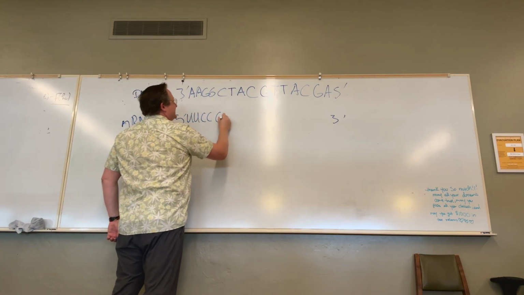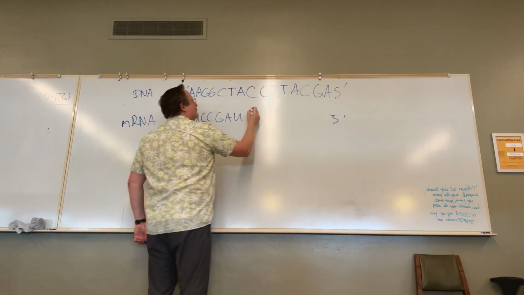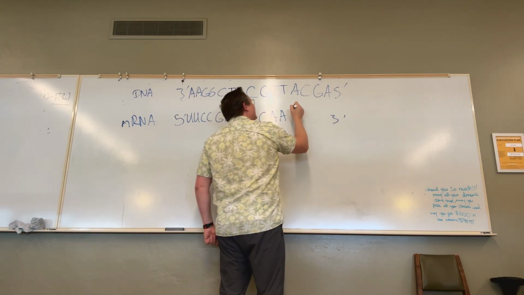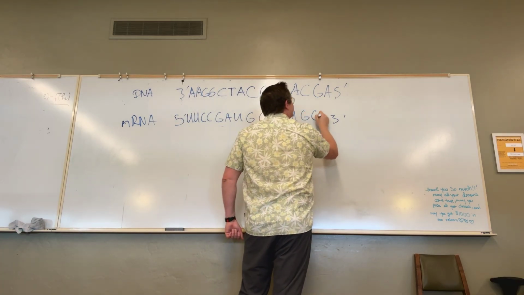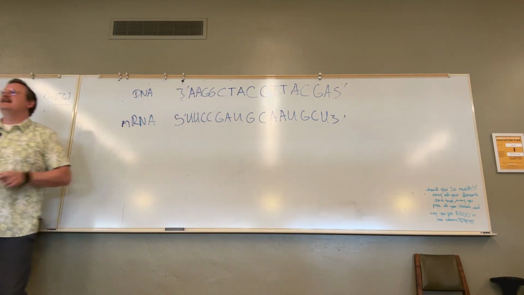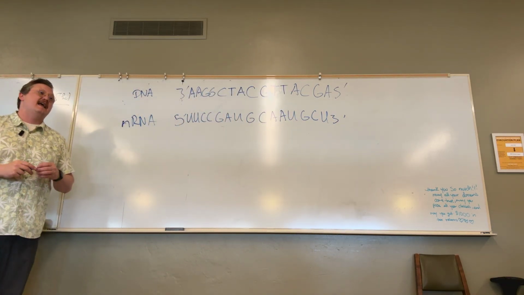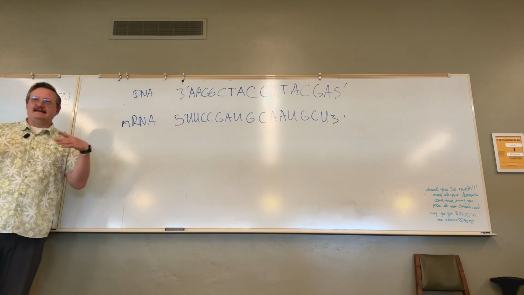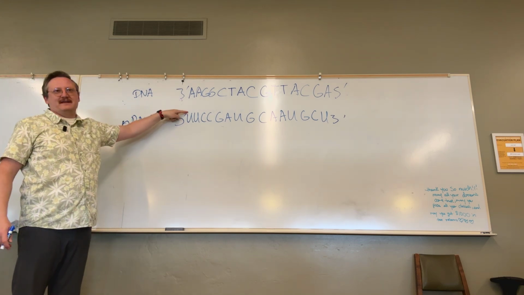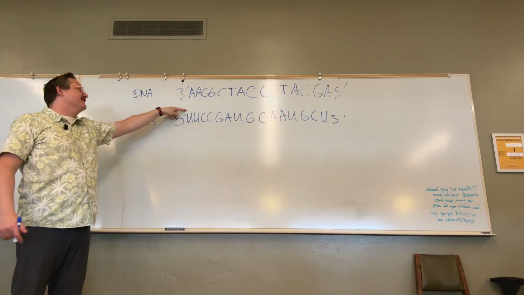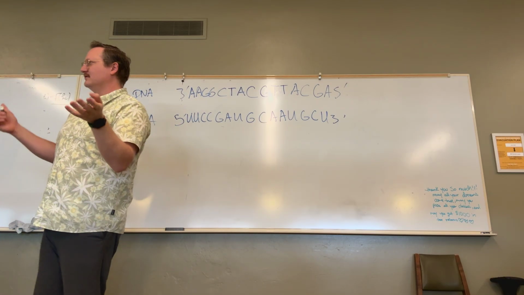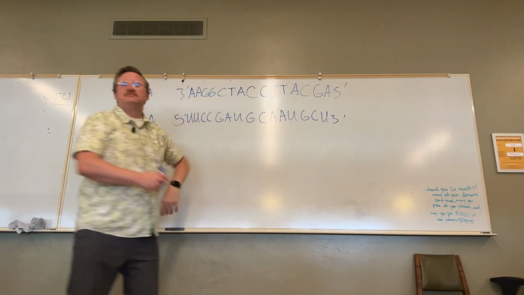U, C, C, G, A, U, G, C, A, U, G, C, and U. So it's just like base pair complementarity with the two DNA strands. Wherever there's an A, there would normally be a T, but because it's RNA, there's a U. Wherever there's a G, there's a C, vice versa. Cool? Wherever there's a T, there's an A.